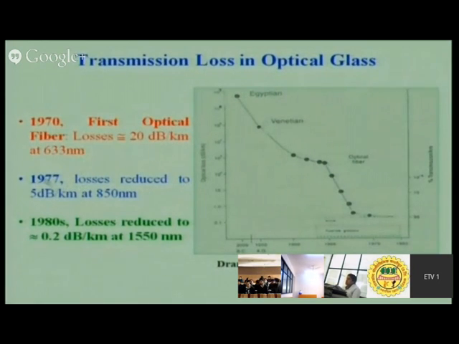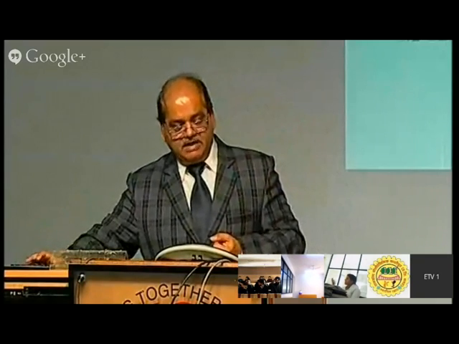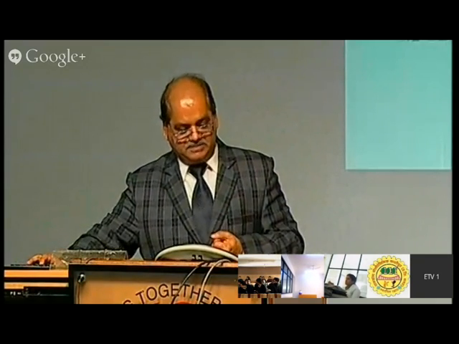Then it reduced to 5 dB per kilometer, and today we have optical fiber with losses around 0.2 dB per kilometer. This is the lowest theoretical limit. Practically we have optical fiber with 0.2 dB per kilometer. The systems are working at 1550 nanometer. So this is a very fast development of optical fibers.